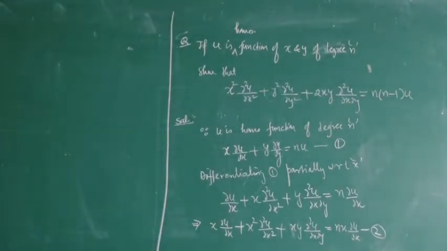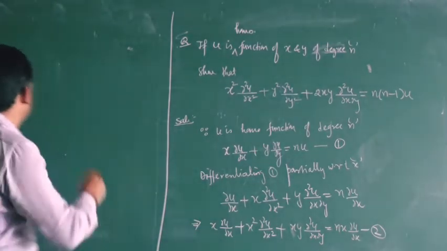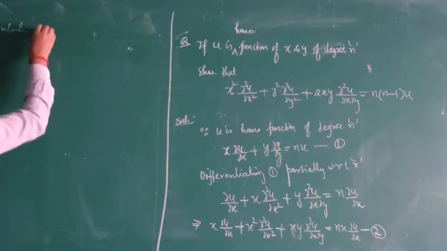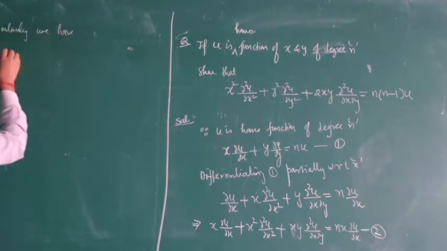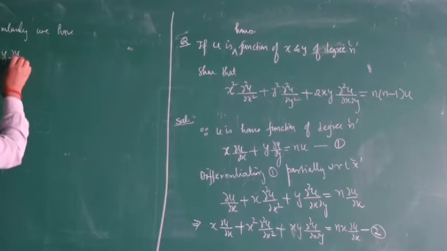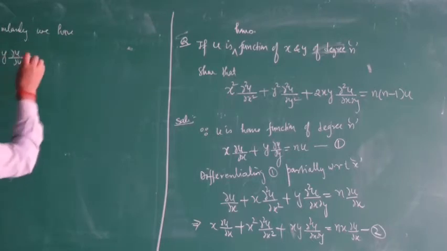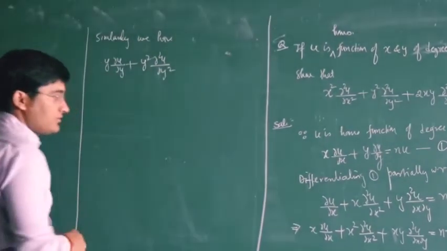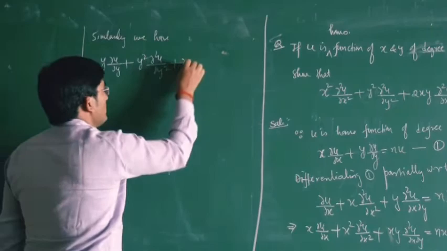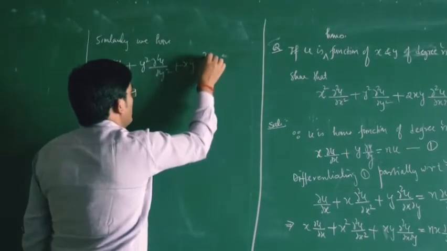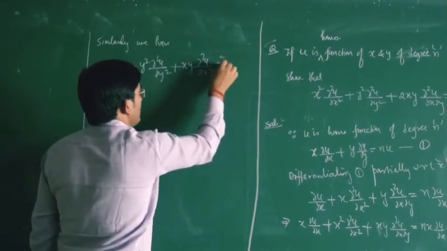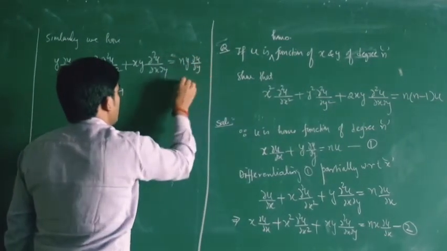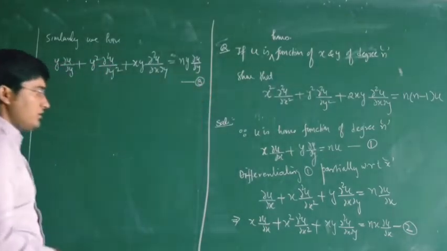So writing this equation again for y, similarly we have y del u upon del y plus y square del 2u upon del y2 plus xy del 2u upon del x del y is equal to n times y into del u upon del y. Let us assume this equation as equation number 3.